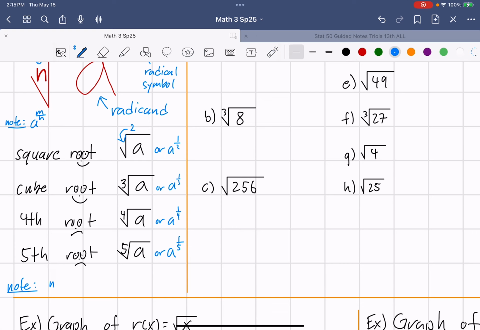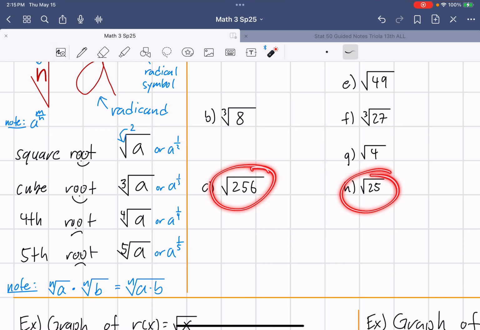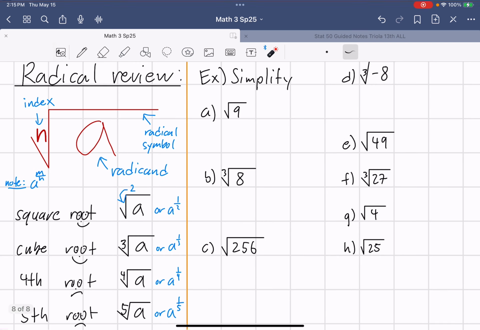If you multiply two radicals together that have the same index, not the same radicand, but the same index, you can combine them into one single radical. And this equal sign implies you can go in either direction, so either combine them or separate them. This is going to become useful when we start doing some of these examples of larger radicals.